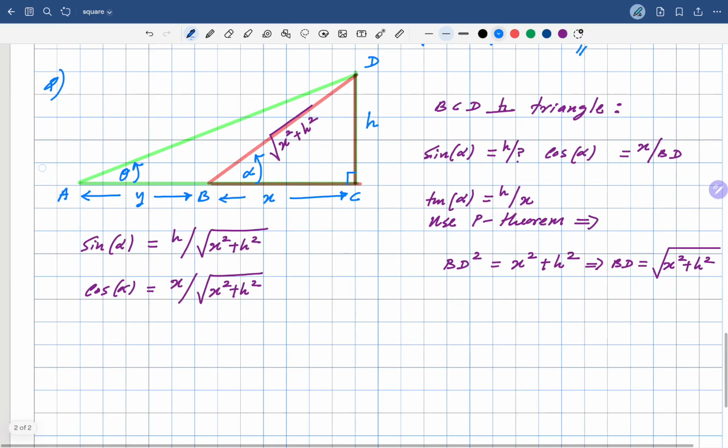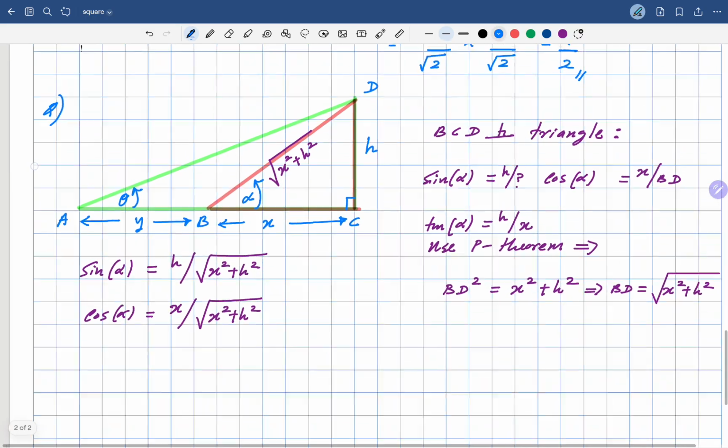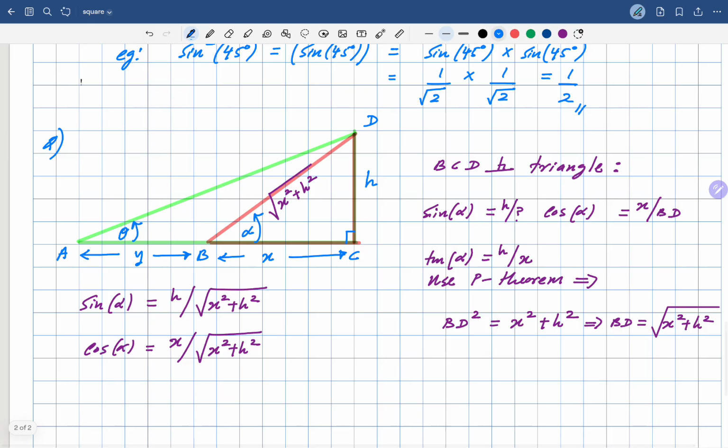Now we can consider the ACD right angle triangle. I'm going to find AD now using Pythagoras again.